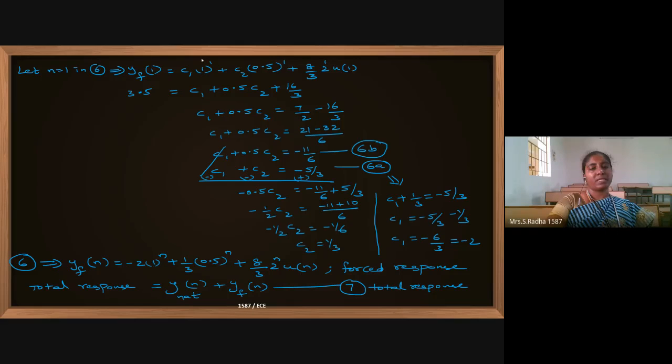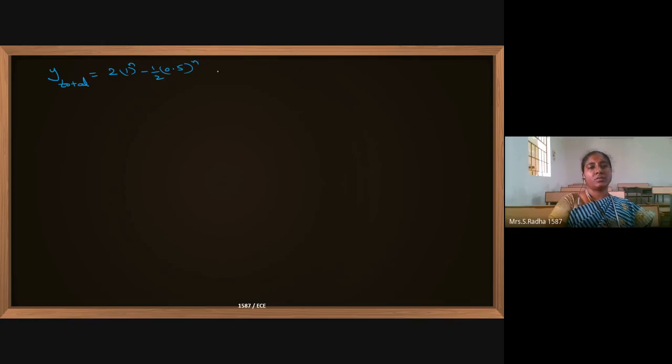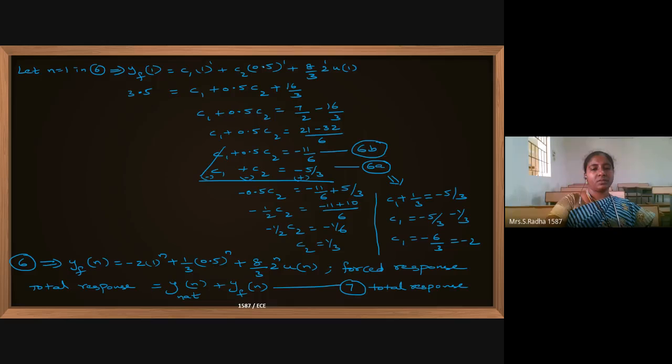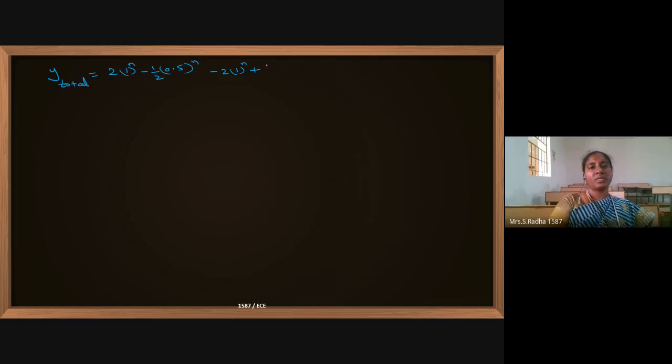Now the forced response, available in the last line: minus 2 times 1 power n, plus 1 by 3 times 0.5 whole power n, plus 8 by 3, 2 power n u of n. This total is natural response, and the remaining things are forced response. If you combine the terms, 2 into 1 power n minus 2 will get cancelled.